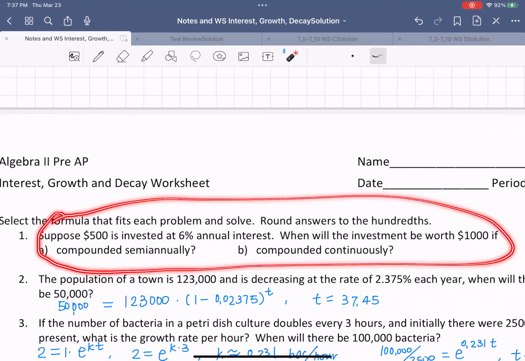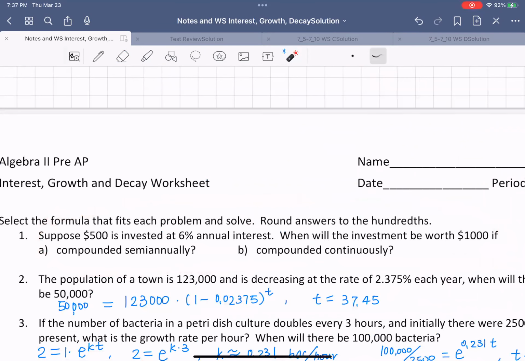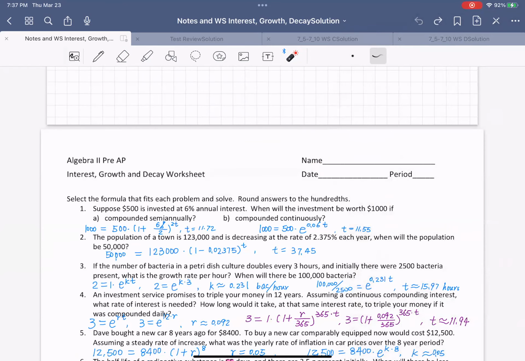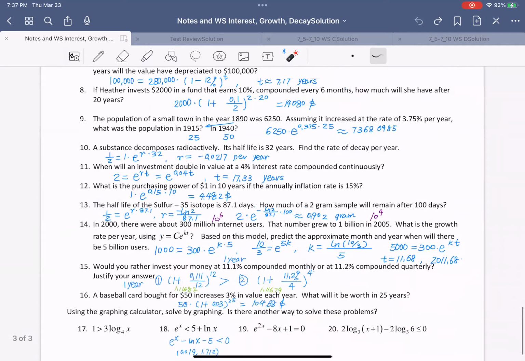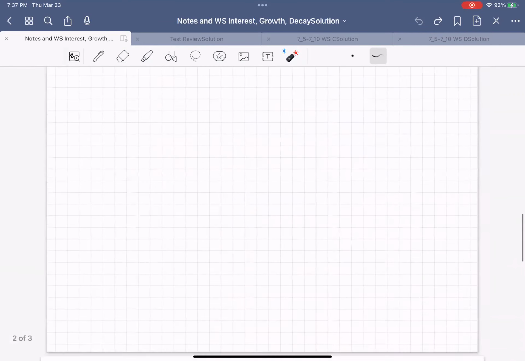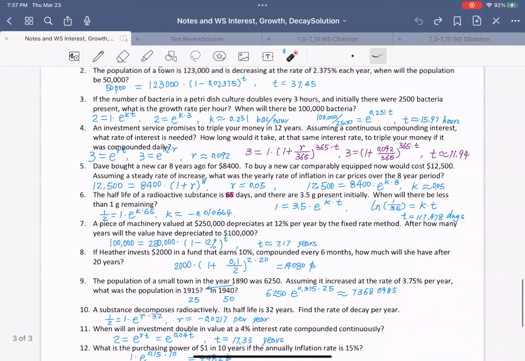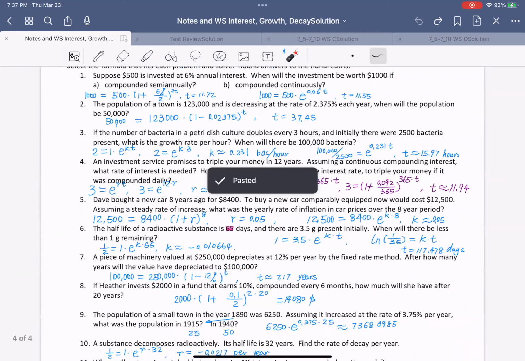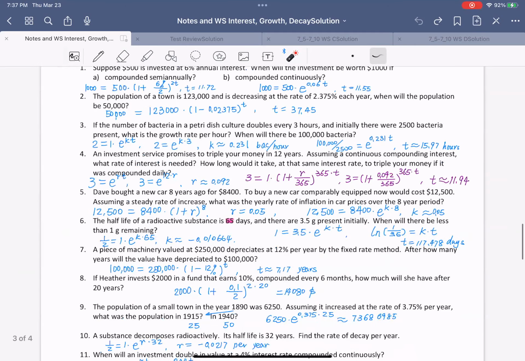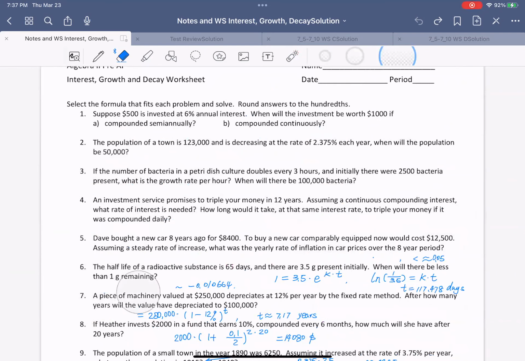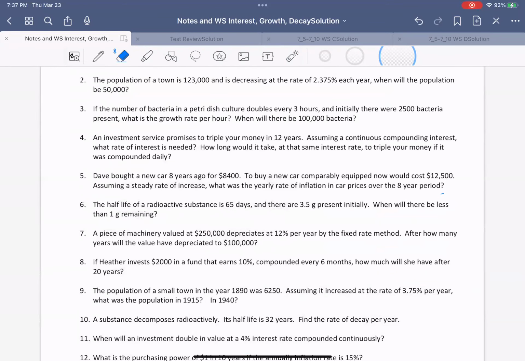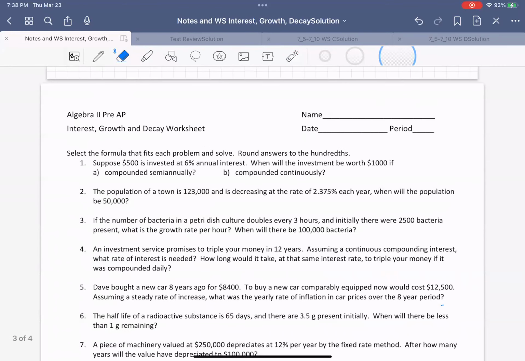Go ahead. This one is using the formula we have just now. So what I'm going to do is delete everything and give you the formula so that you can manipulate it.